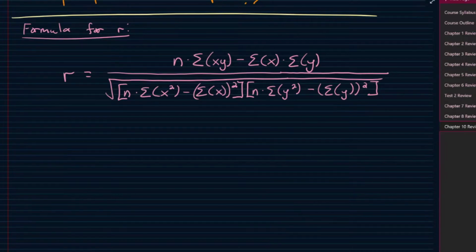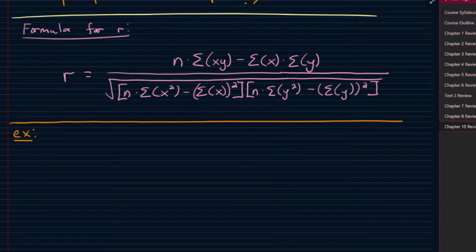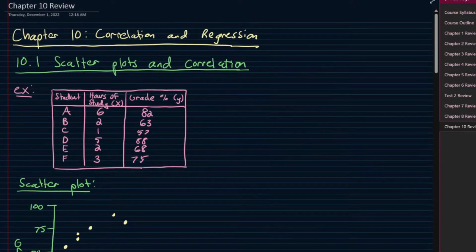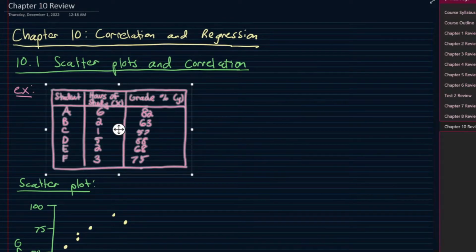So let's go ahead and look at some examples of calculating this correlation coefficient. I guess we could do it for the example that we just had. Sure, why not? Let's use this data and calculate R for this one.